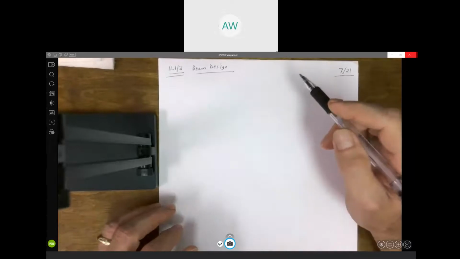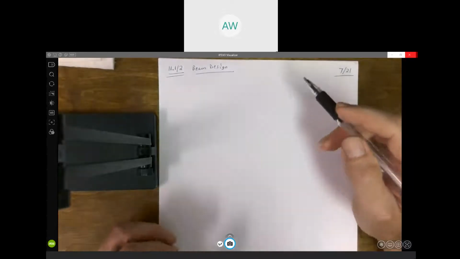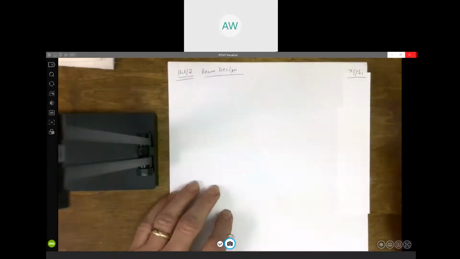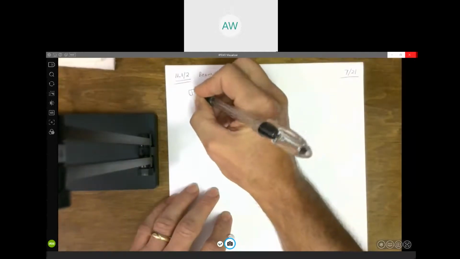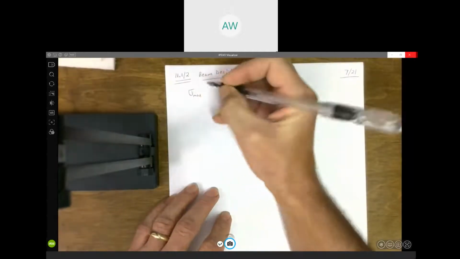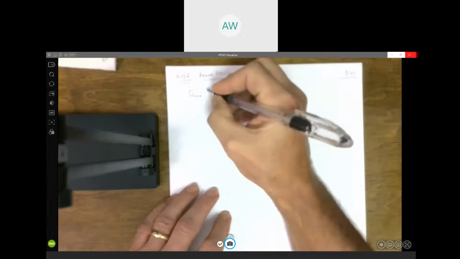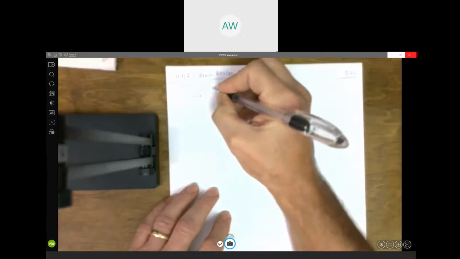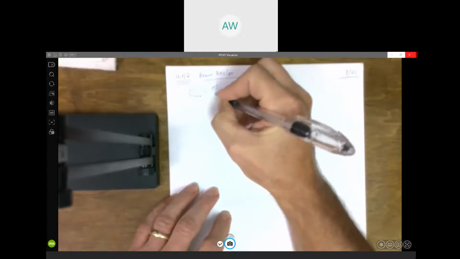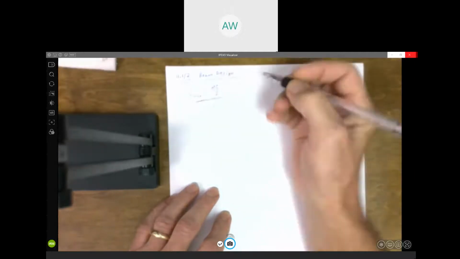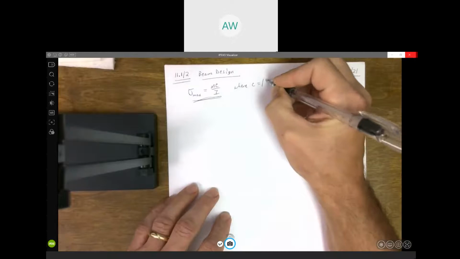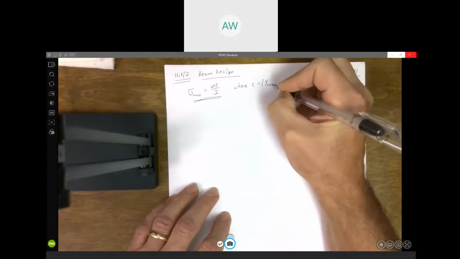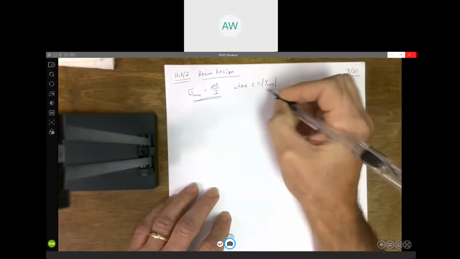No questions. Okay. Well, what we're going to start with is something that we saw back in chapter 6. Remember, we had this formula for our maximum normal bending stress, that sigma max was equal to Mc over I, where this c was just the largest magnitude of y.